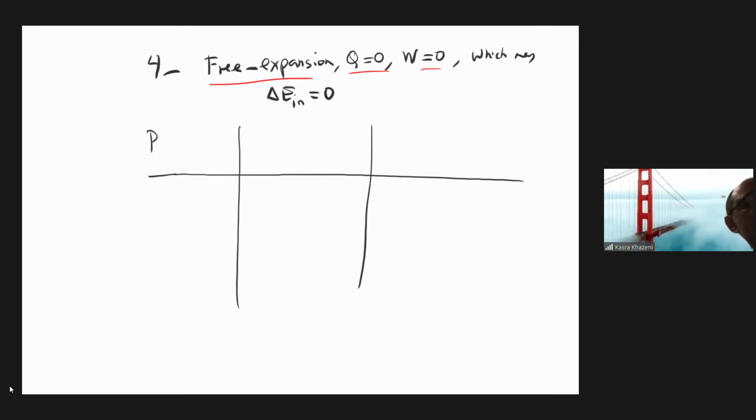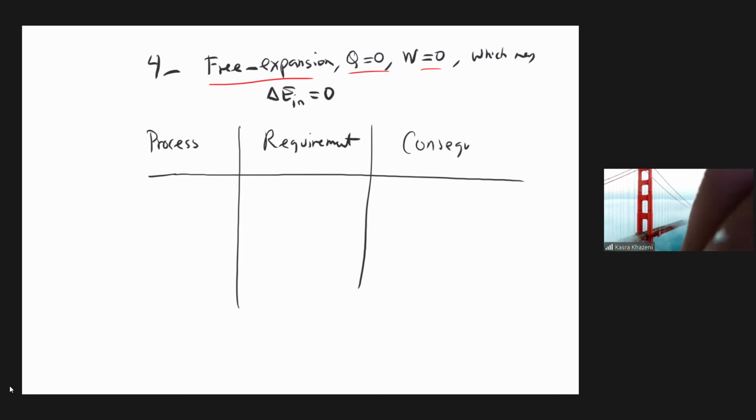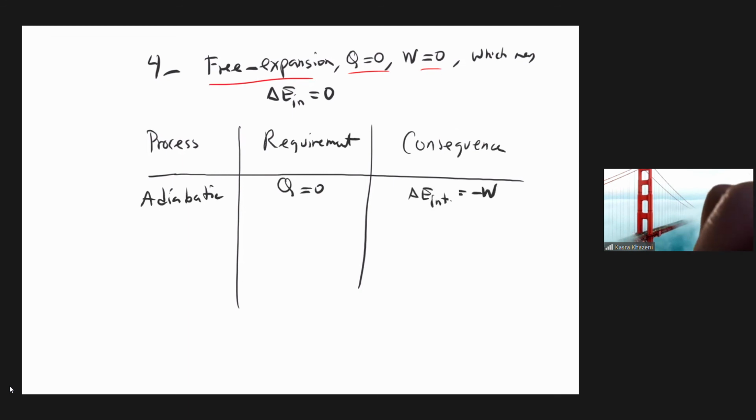So for the process, there is the requirement, and there's a consequence. So there's adiabatic, and that means Q is 0. That means the internal energy is just the amount of work done by the system.